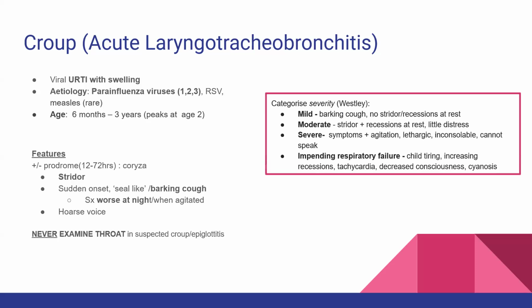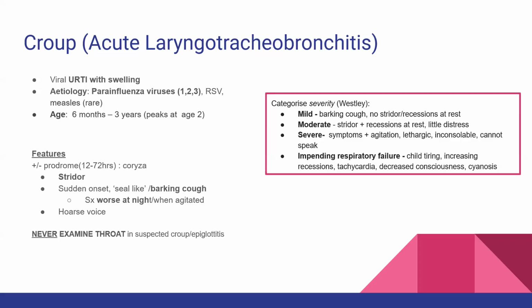And then for croup, there are different ways to think about it, but you want to categorize the severity. If they've got just the cough, but they've got no signs that they're struggling to breathe, then it's mild. If they've started getting stridor, which is the inspiratory noise, and they've got some recessions, but they're not too distressed by it, that would be moderate.